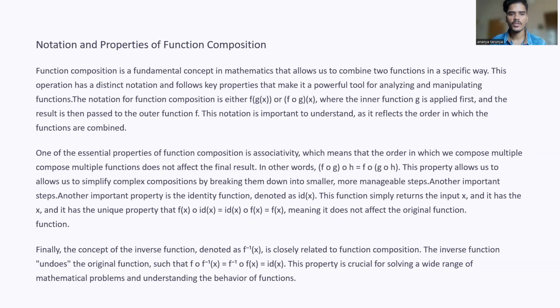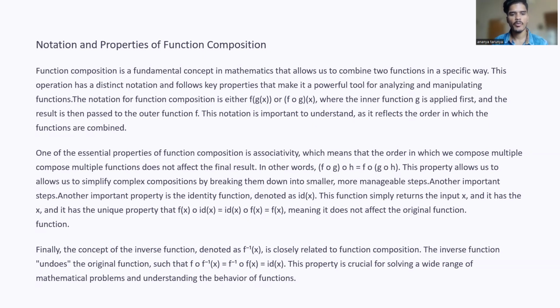The notation for function composition is either f of g of x or f circle g of x, where the inner function g is applied first and the result is passed to the outer function f. This notation is important to understand as it reflects the order in which the functions are combined.